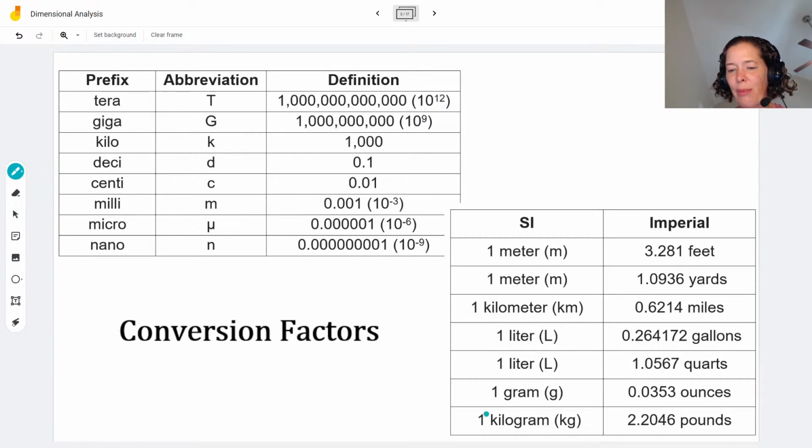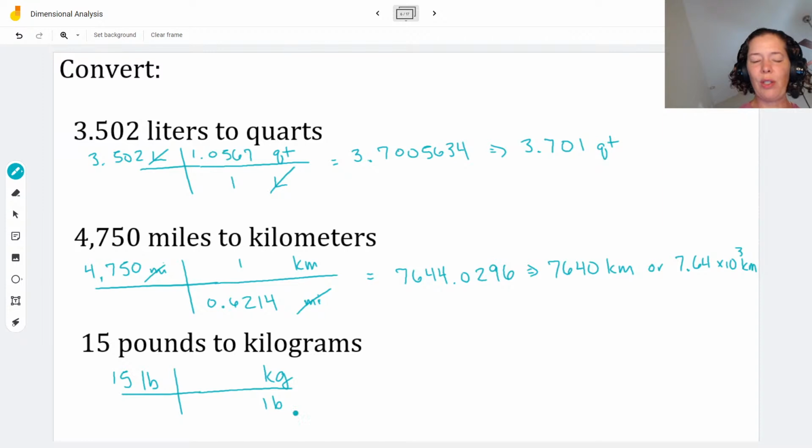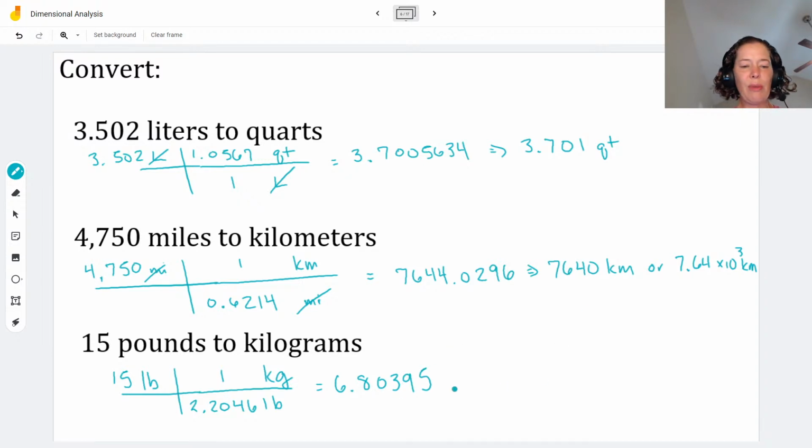Here's my kilograms to pounds right there. So that is the conversion factor I'm going to use. So it's 1 kilogram to 2.2046 pounds. So if I put that in my calculator, I'm going to just give out a bunch of decimal places here.